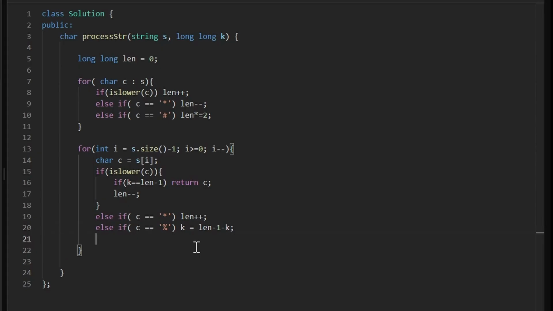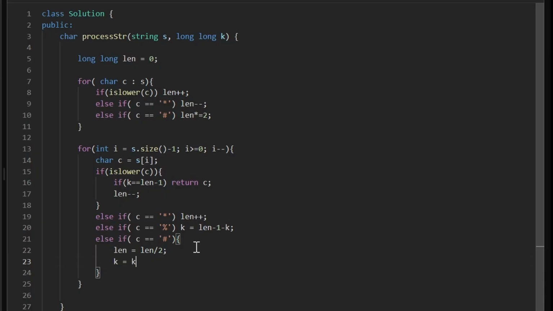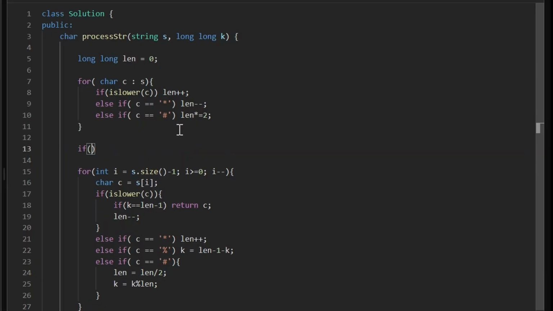That confirms we get the exact index. And else, the only character we are left with is hash. If we get hash, first of all length equals length divided by 2 and k equals k modulo length. In case we didn't get anything, we simply return dot. And one more thing to check: if k is greater than or equal to length, simply return the dot.